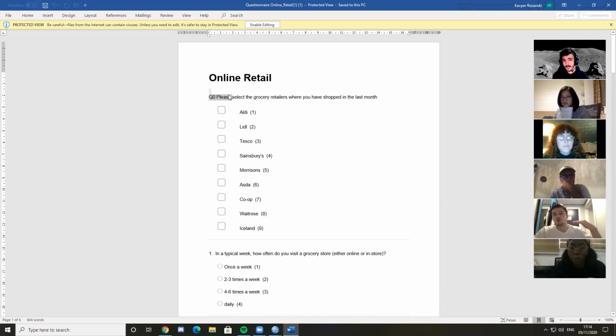It's got an underscore before the second number. So it's 0 underscore, and then one of these exactly. So when it's question 0, you know it's this one, and then the underscore identifies which is the answer, whether it's Aldi, Lidl, Tesco, Sainsbury's, Morrison's, Asda, and so on.